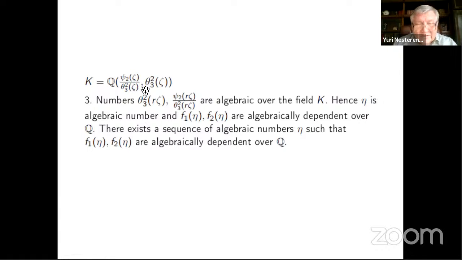If we assume that at the point psi the values are algebraically dependent, then in this case the field K has transcendence degree 1, and these numbers have degree 1 over the field K. This means that the numbers are algebraically dependent. So this is the translation of properties to the point lambda of r eta.